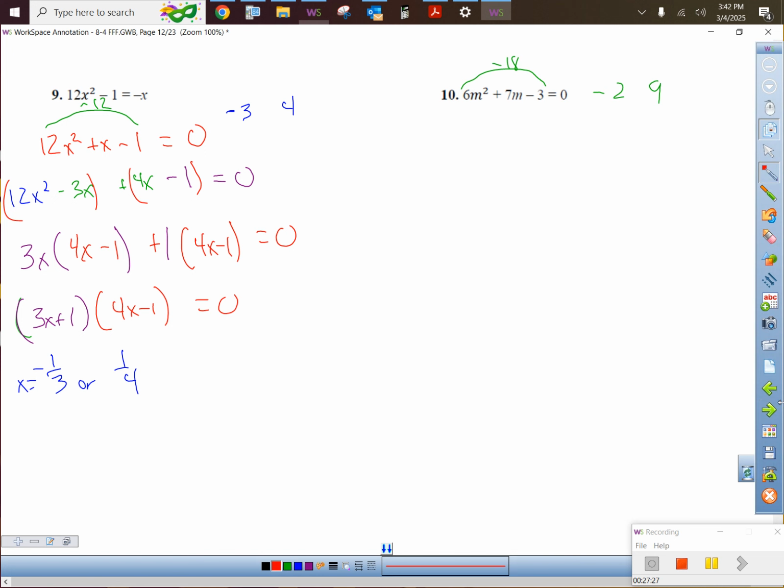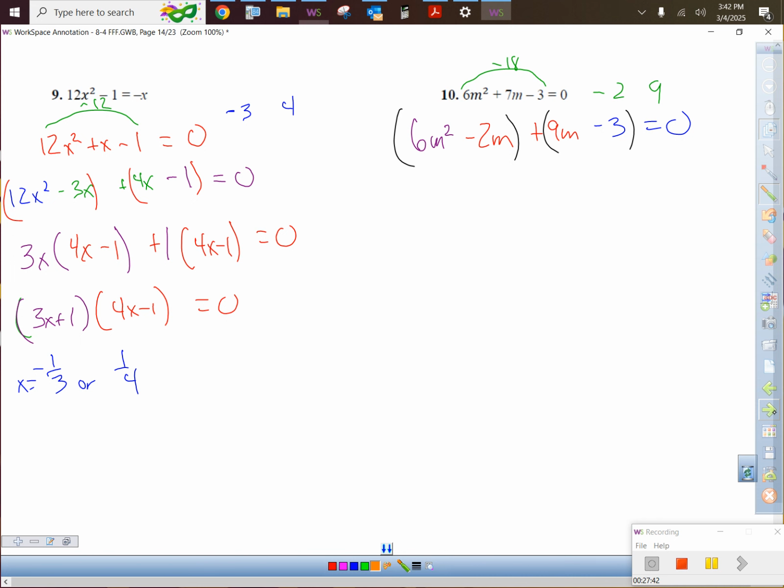Those two numbers were negative 2 and 9. Split them up into 4 terms. It's still, I think, nice to put this guy first and keep the third guy positive so I can take out a positive GCF. Double group, bada boom, and take the GCF out of each group. In the first group, I took out a 2m, and then I'm left with a 3m minus 1.